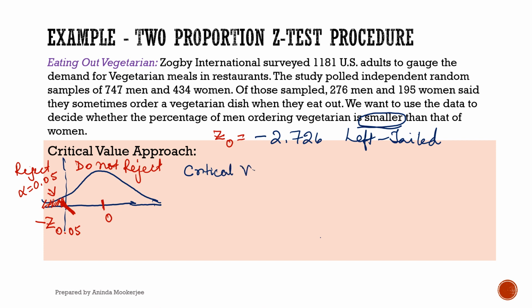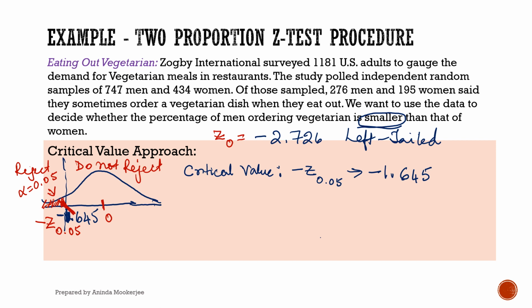Critical value is negative z of 0.05, which is negative 1.645 if you look up the table, or if you're using your calculators. That's our cutoff. So it's negative 1.645, negative 1.645. That's our cutoff.